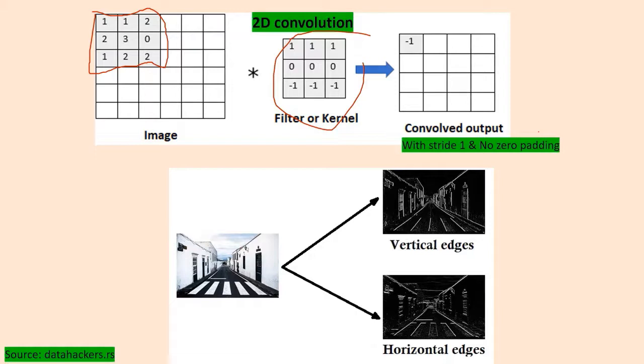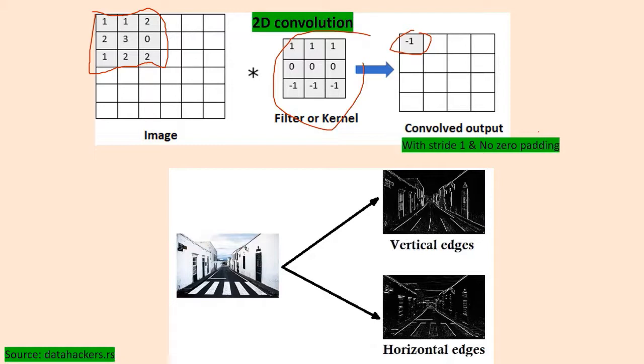So you get 9 different products and they are summed up to get a single value. For example, 1 into 1 plus 1 into 1 plus 2 into 1 plus 2 into 0. This way we get 9 products, and by summing them up you get a single value. In this case it's -1.